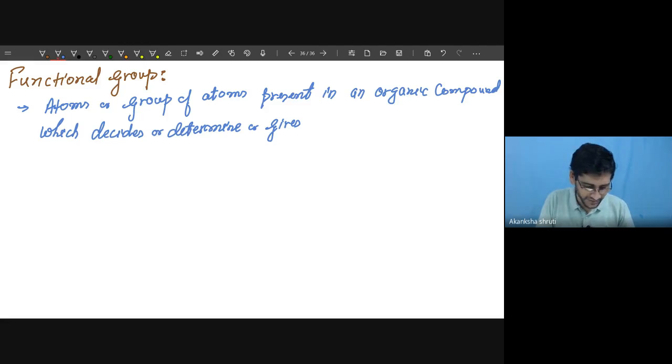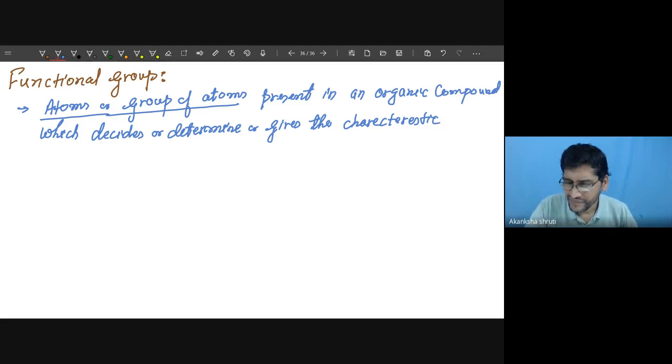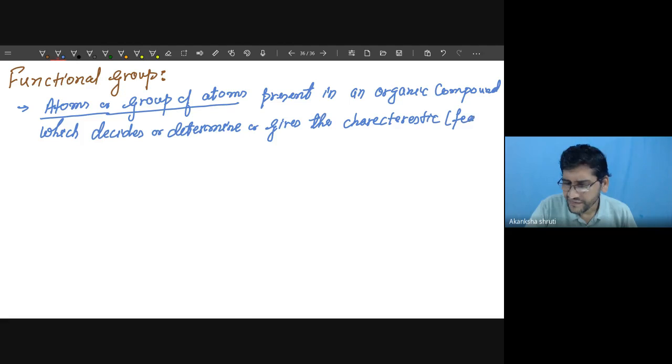So whatever term is used, atoms or group of atoms which decide or determine the feature or characteristic, or rather many a time the nature. What will be the nature of that, or what will be the characteristic of that organic compound?